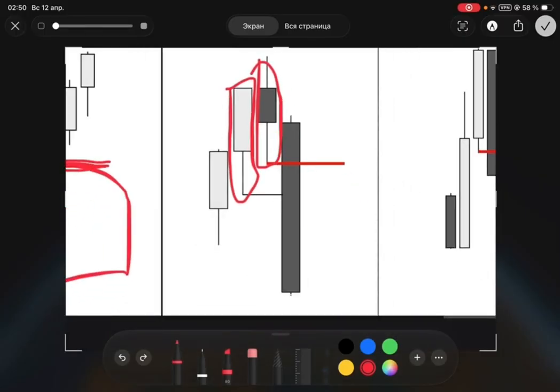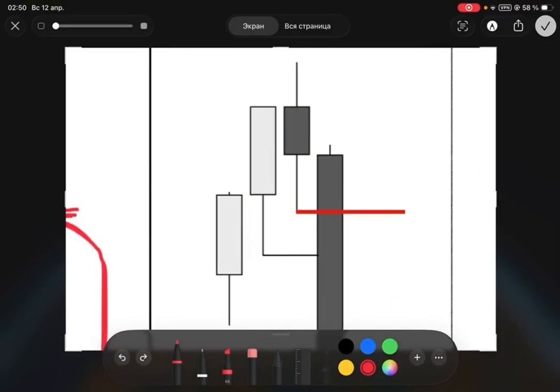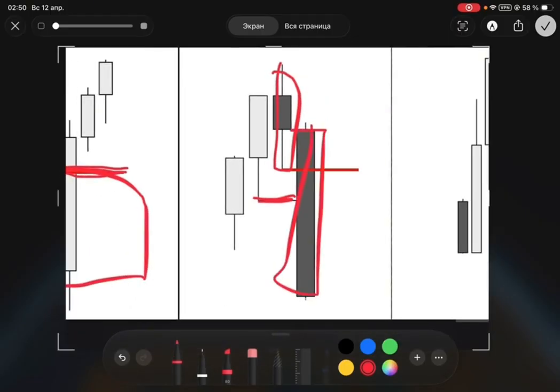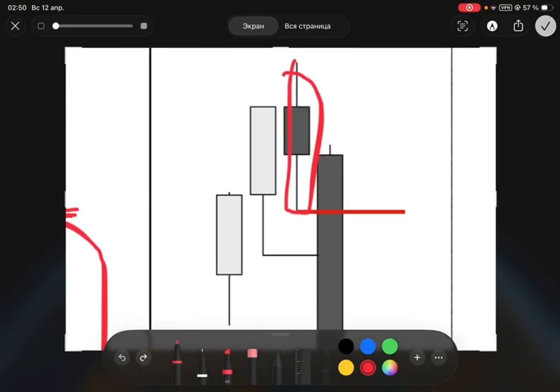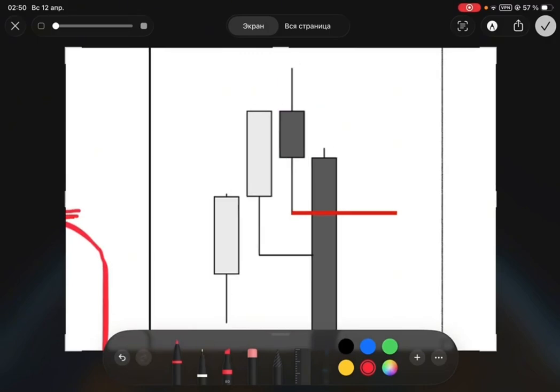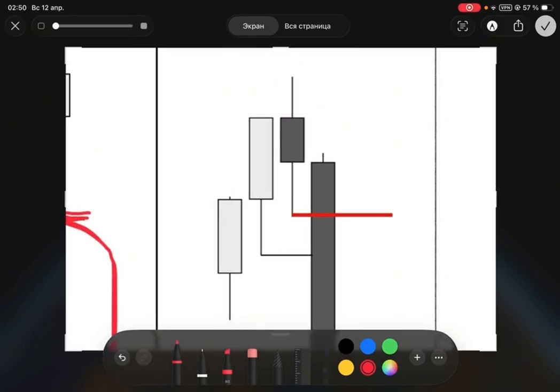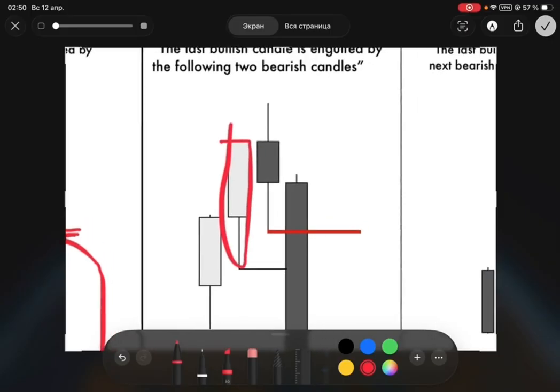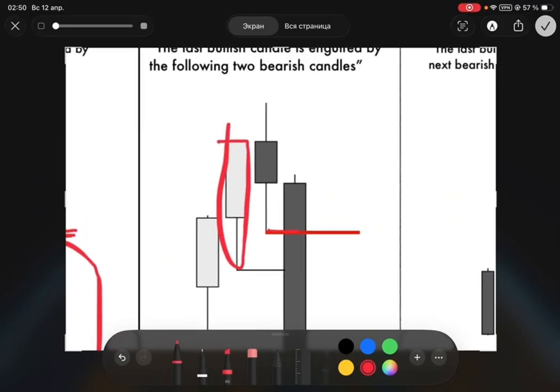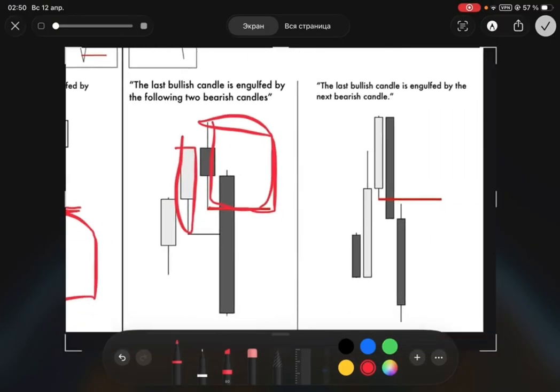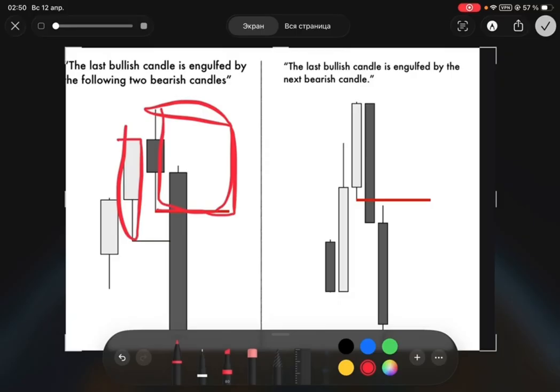If you're paying attention, this candle couldn't break its body, and the second candle broke its body. The first candle inside this last bullish candle is considered the order block. This zone will act as our order block. And the next one is the same: if it closes with the body of one candle, it is considered an order block.